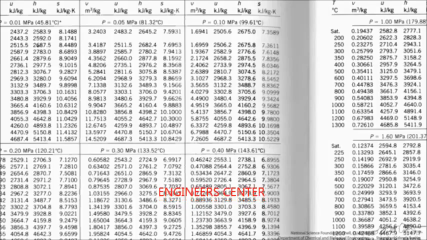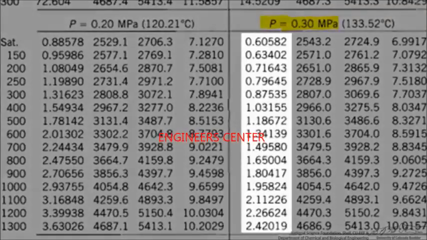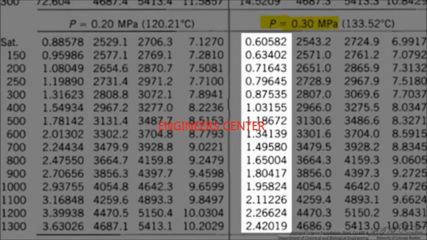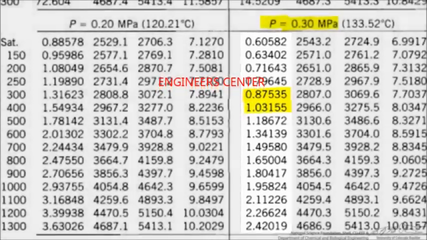So here's the superheated water table, and we're at a pressure of 300 kilopascal, or 0.3 megapascal. And for each specific volume, we can back out a temperature. And this first column is the specific volume, and we want a specific volume of about 0.99. So we're going to be somewhere between a specific volume of 0.87 and 1.03.